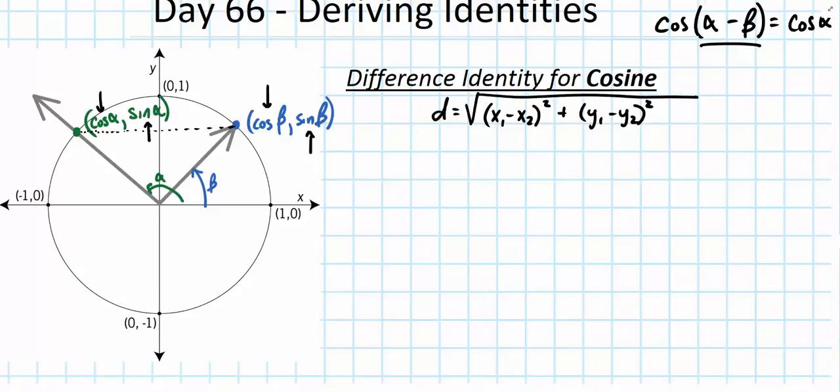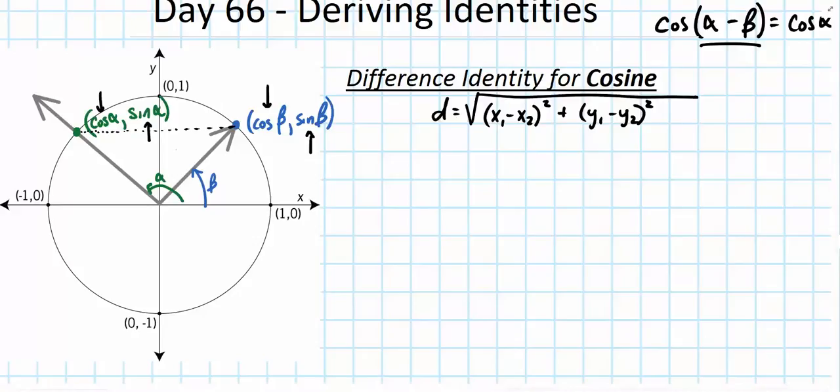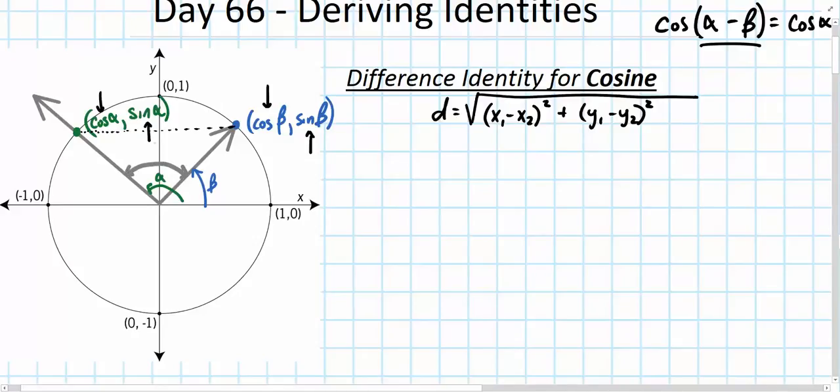The last thing I'd like to do as far as setup goes, before I begin this derivation of the identity, is rotate this gray angle that's formed. This gray angle in between alpha and beta is really alpha minus beta. I have a problem with this because it's just floating out here in space. It's not anchored anywhere.